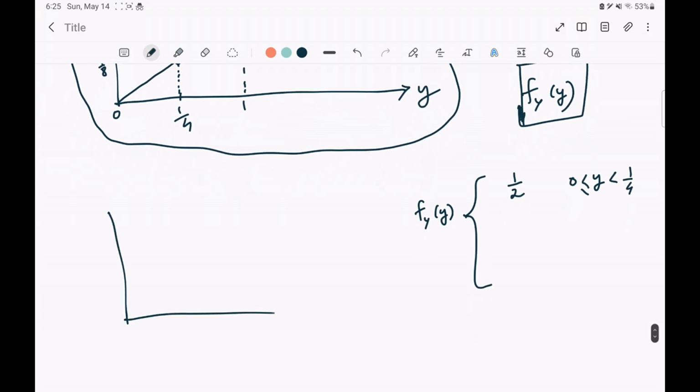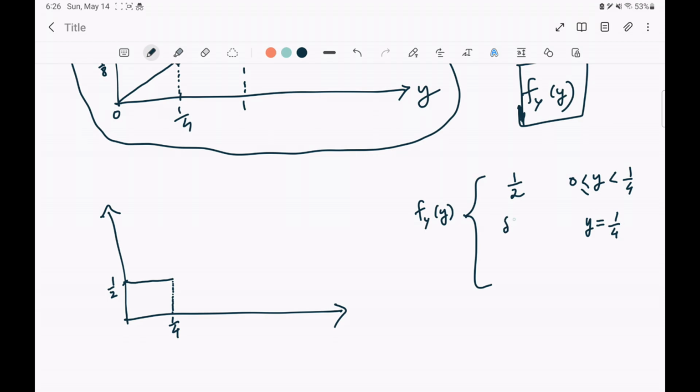If we draw it parallelly, this value is half, and it will be here slightly before the value 1 by 4, and at the value where y equals 1 by 4, this would take the form of a Dirac delta function.